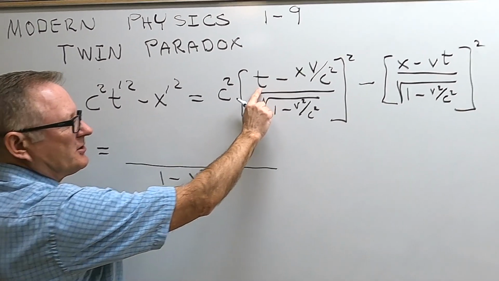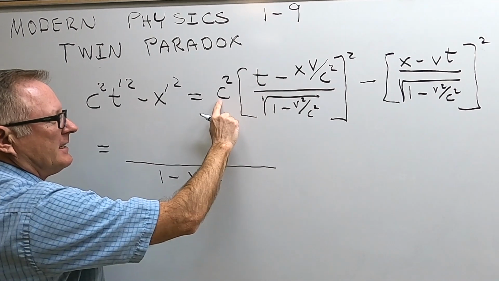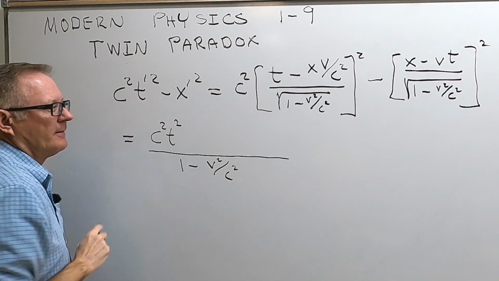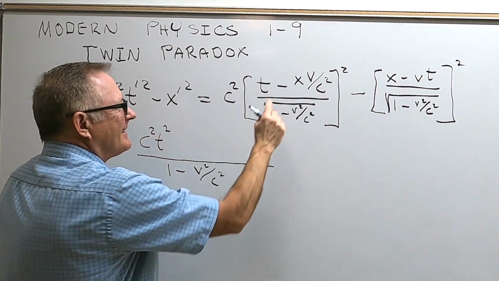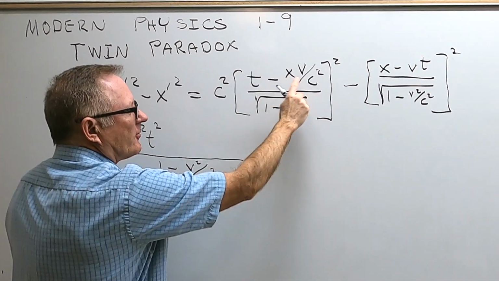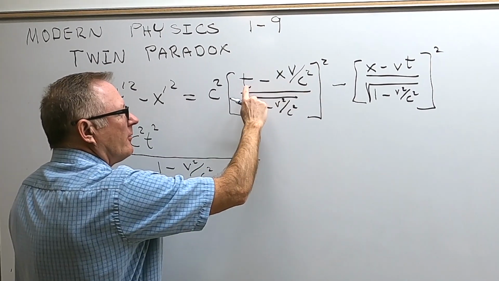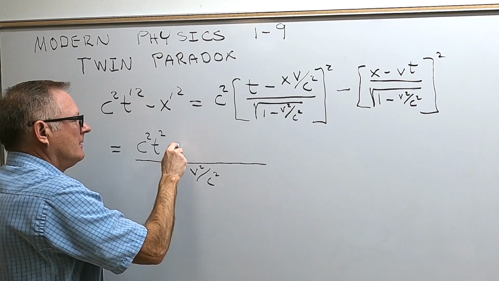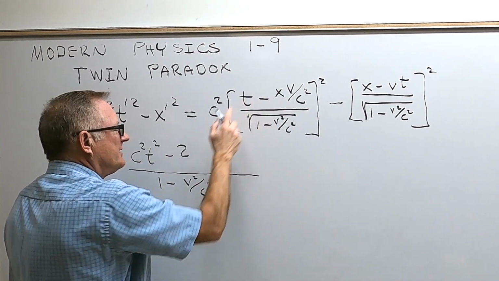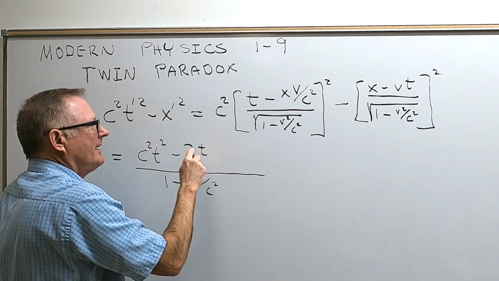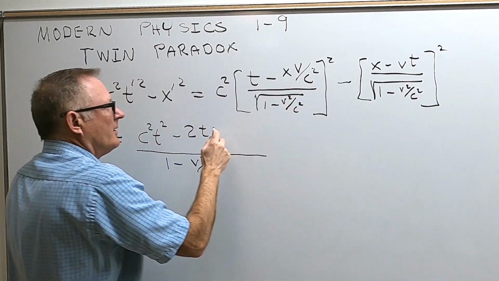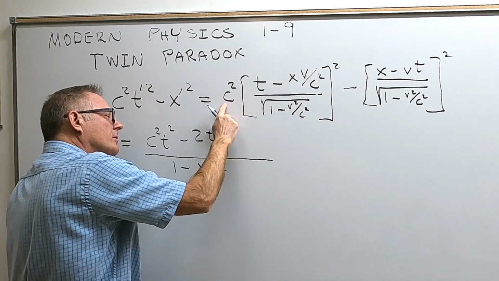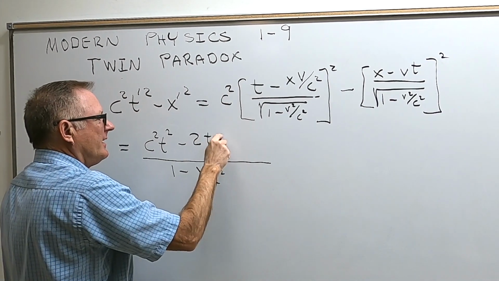You notice this first term is t squared times c squared. So we have c squared t squared. Okay, and then the second term, we have 2 times the first times the second. So that would be a minus 2 times the first, which is t, times the second, which is xv over c squared, but I'm multiplying it by c squared, so it's xv.